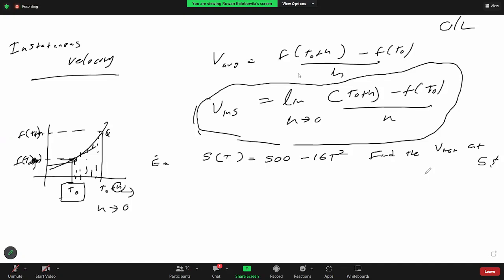That means t naught equals 5. Can you do that?